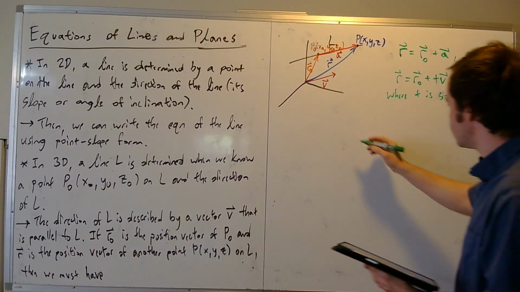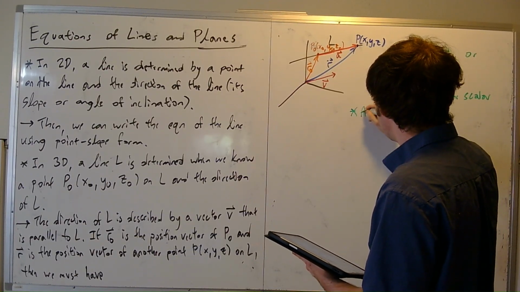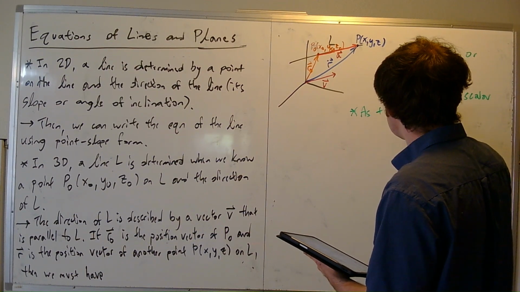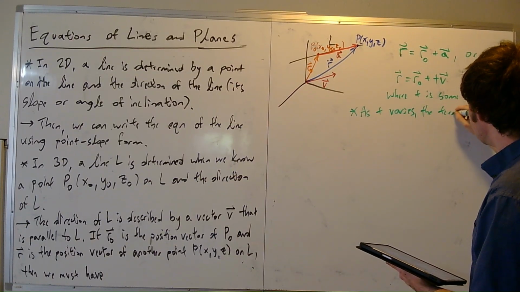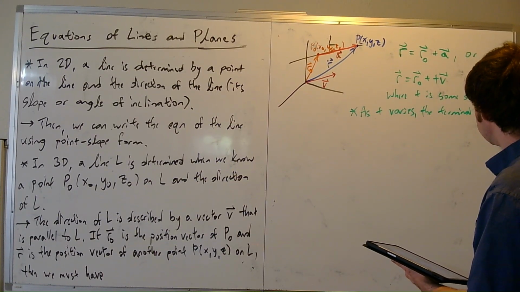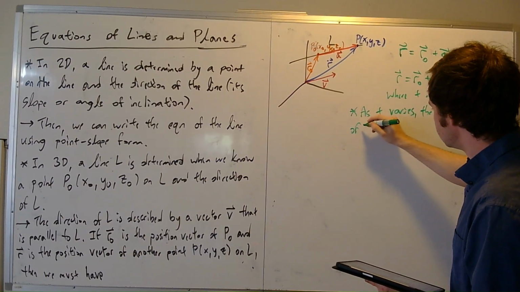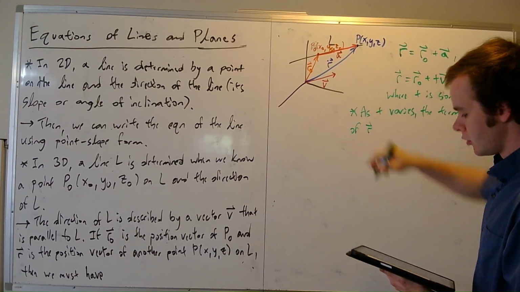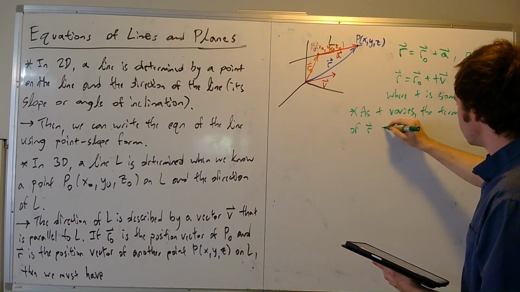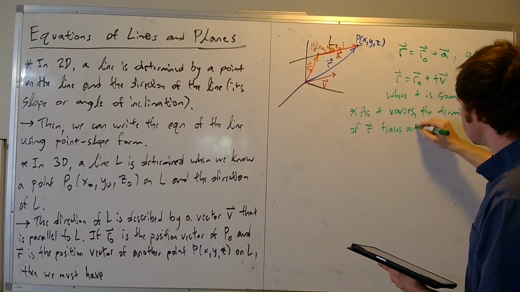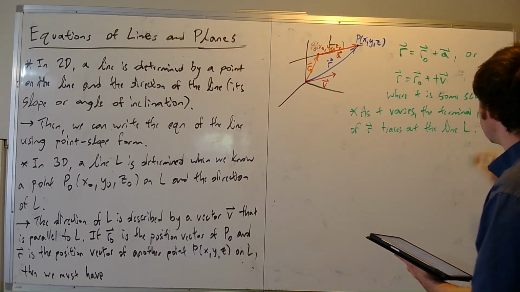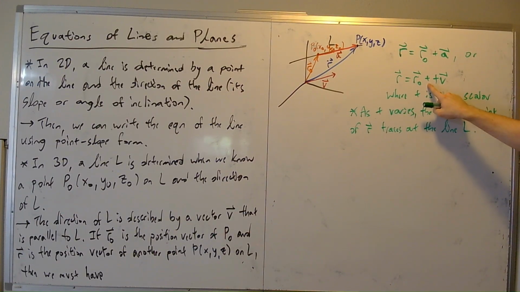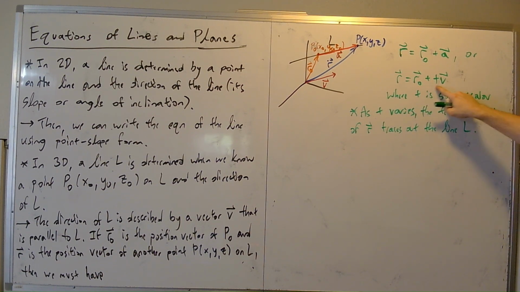Okay, and we can also say here, as T varies, the terminal point of R, remember the point at the end of R, the terminal point, traces out the line L. Right, so you can actually get all the points on L just by looking at the endpoint of this vector for all different values of T.